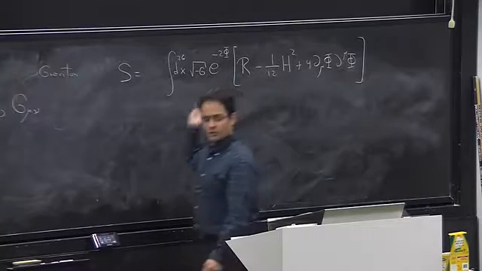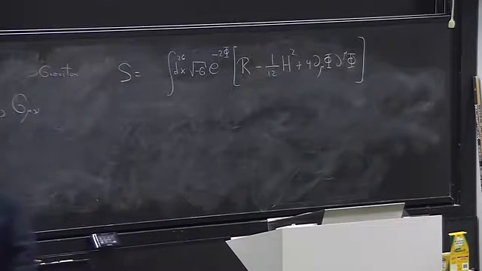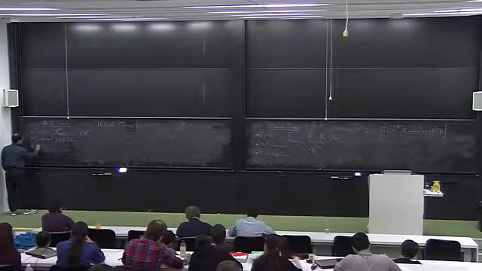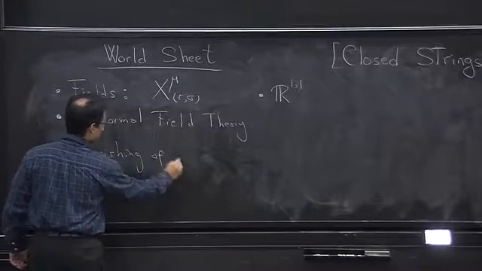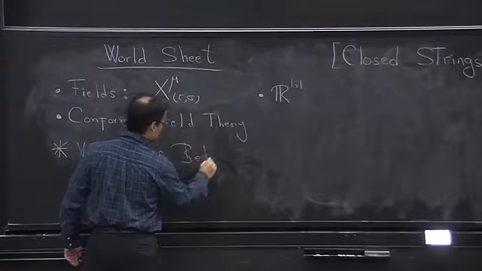Now, the equations of motion coming from this action happen to be what on this side? Very good. So the field equations ended up being here the conditions for the vanishing of the beta functions.